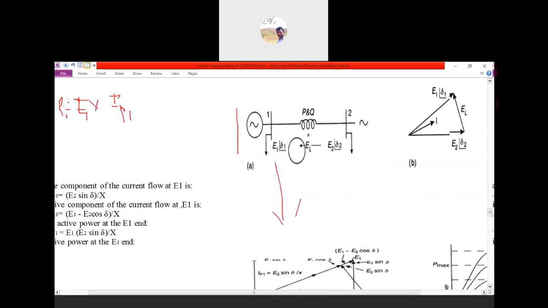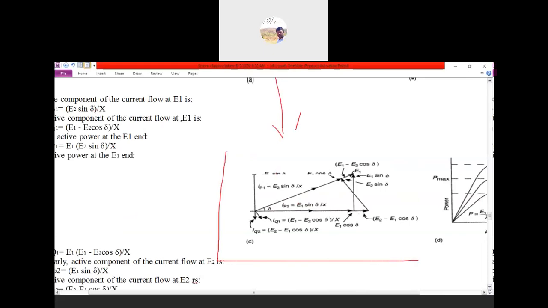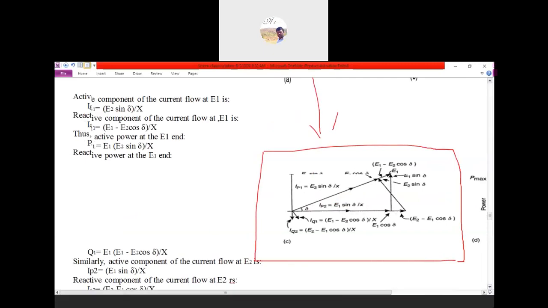There are two types of power stability: one is transient stability, another is dynamic. Transient comes when switching on or switching off under some condition. Dynamic means it flows continuously and varies with time. In steady state, it gradually increases or gradually decreases.